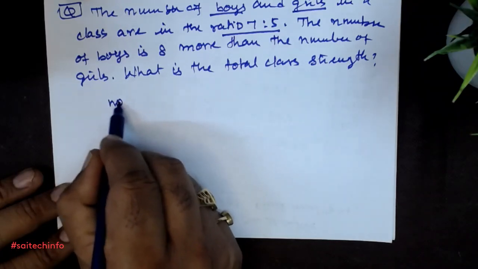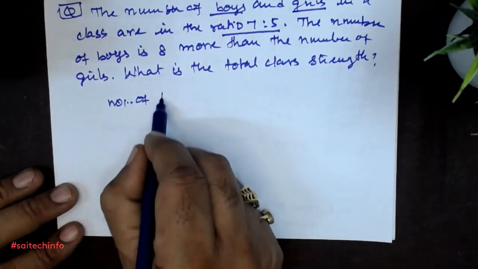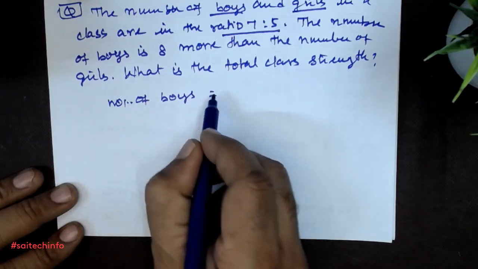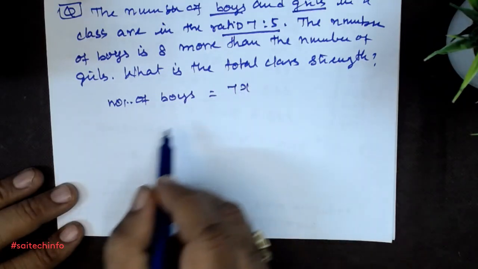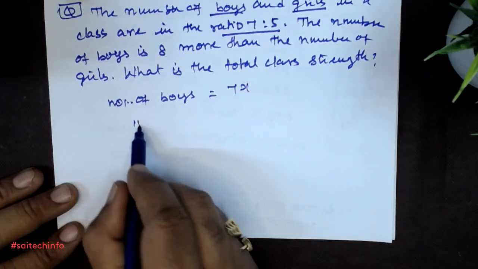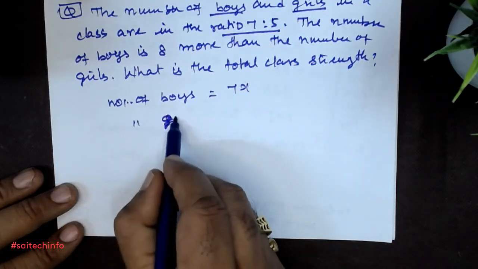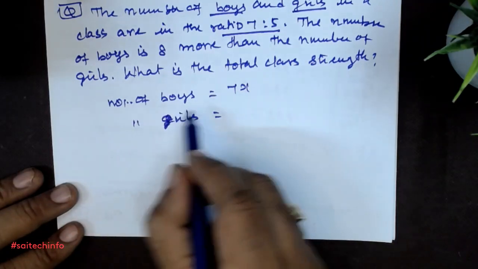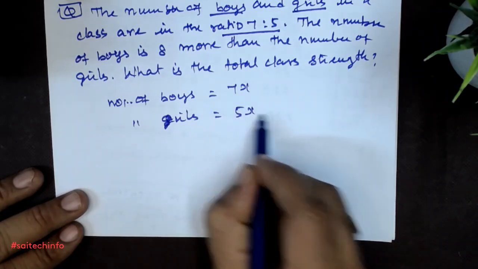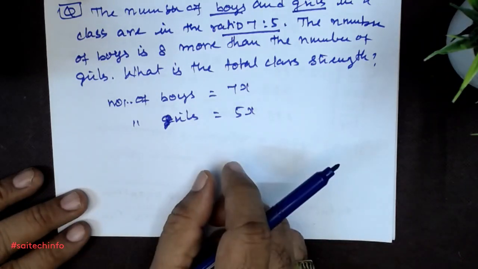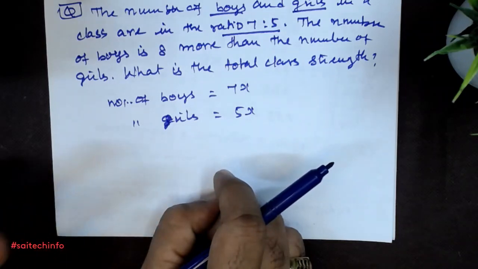So the number of boys is equal to 7 times x. The number of girls is equal to 5 times x. So 7x, 5x.